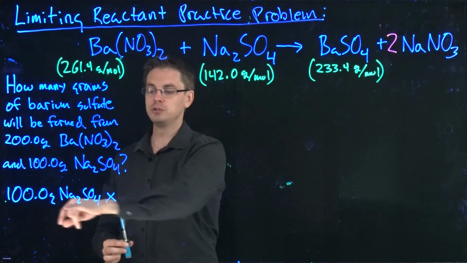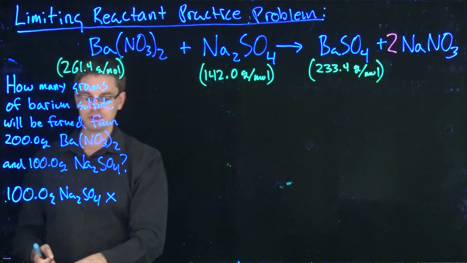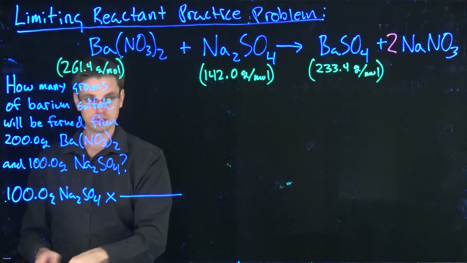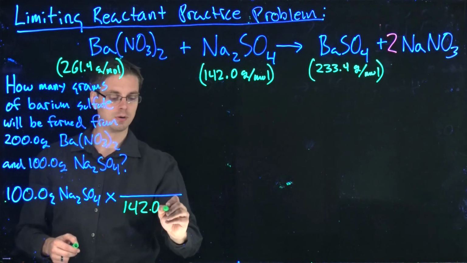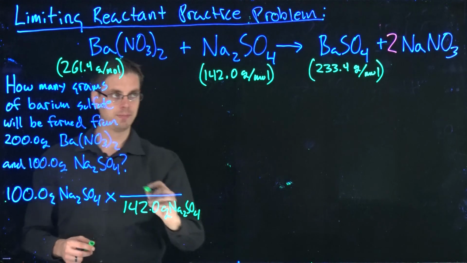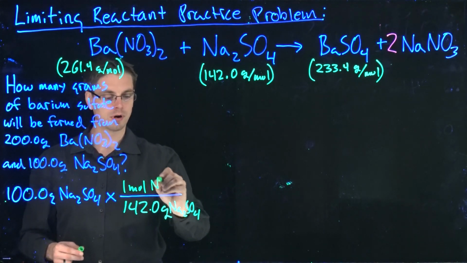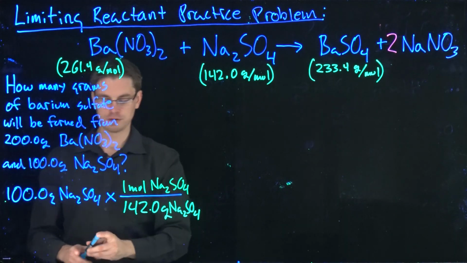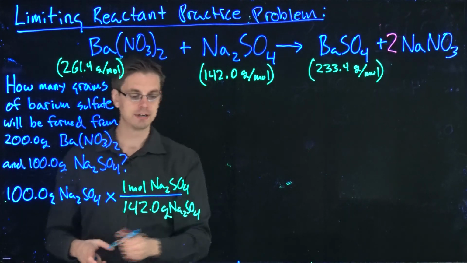So we're going to need to use the molar mass of sodium sulfate, which we are told is 142.0 grams. And as I always recommend, I'm going to go ahead and write in not just the units, but what chemical compound that unit is associated with. So using the conversion factor, the molar mass, we're going to convert into moles of sodium sulfate.